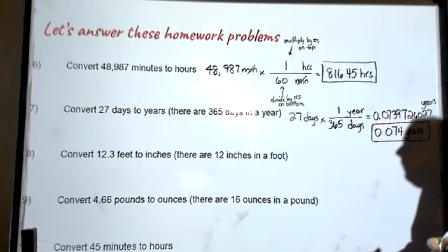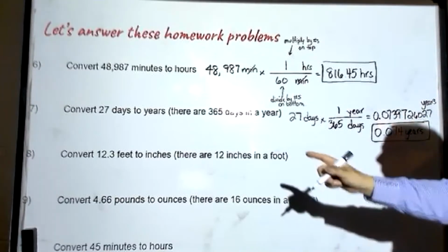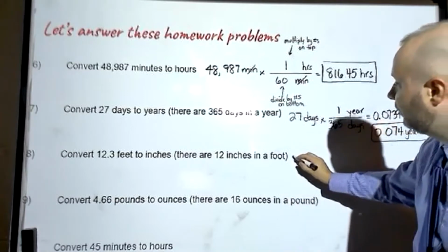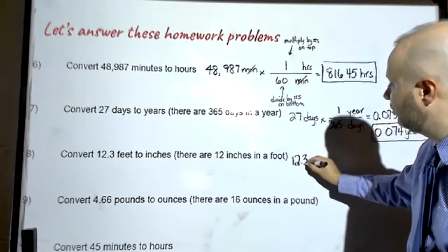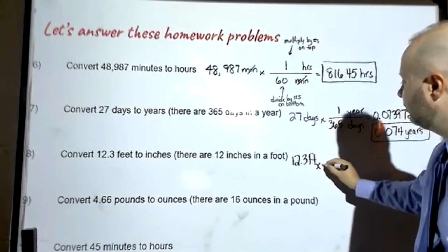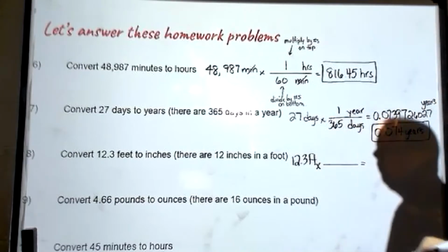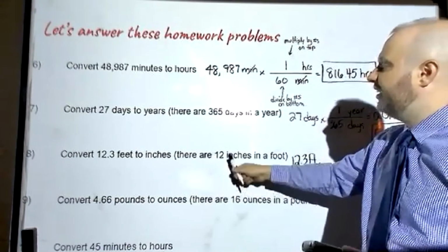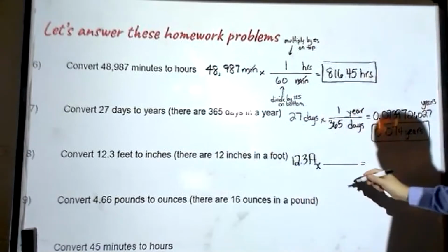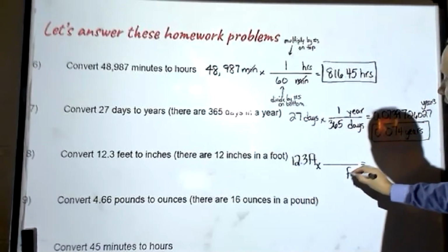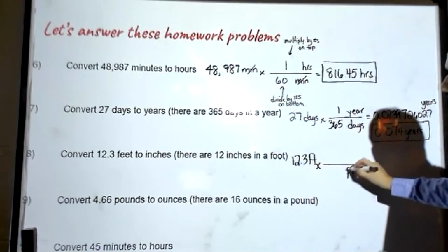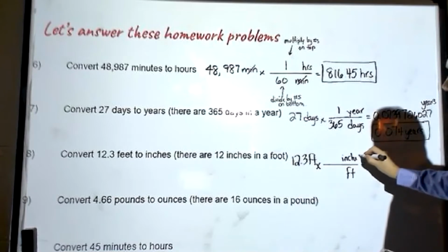Okay, for problem number 8, it says we have 12.3 feet. And we're going to convert 12.3 feet into inches. So obviously feet go on the bottom, so it cancels out. Inches go on top.